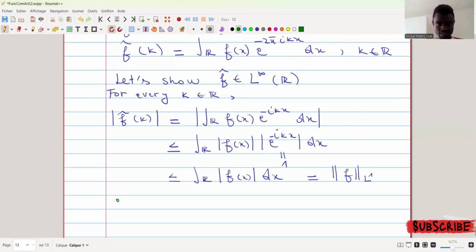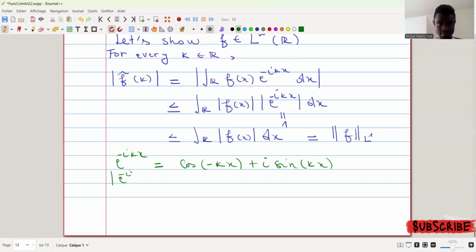The exponential of this is equal to cosine of this plus i sine of this, right?